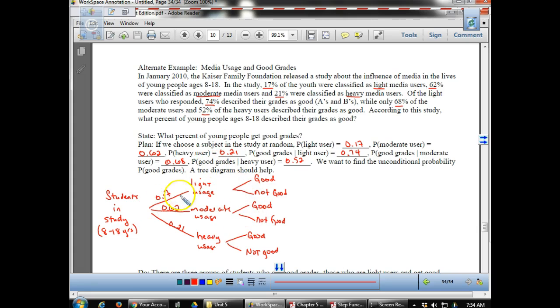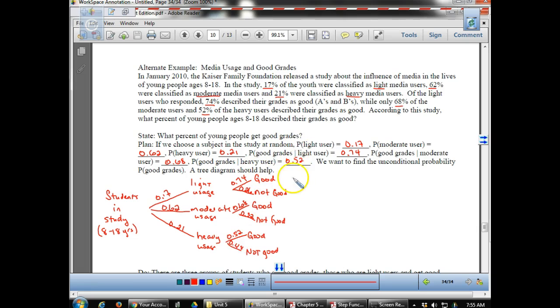So if someone said they were a light user, they reported the probability, given that they were light users, to have good grades is 0.74. So this would be 0.26, 0.68, meaning this would be 0.32. Here we have 0.52. And here we have 0.48.